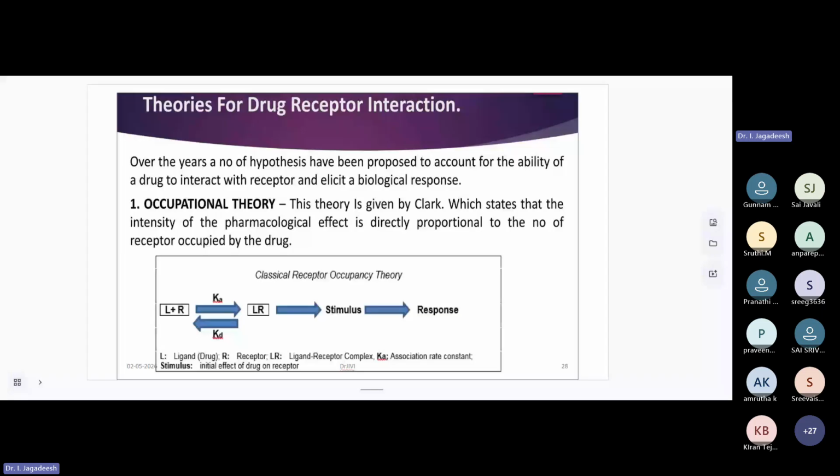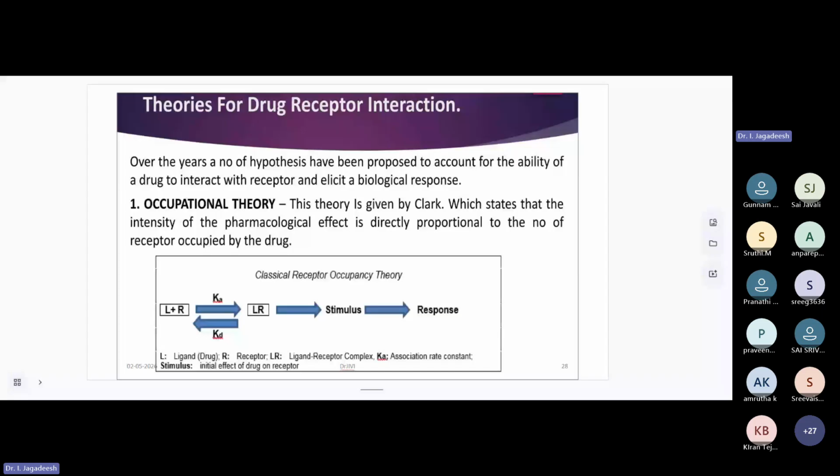It will have a plateau stage, and there will not be any directly proportional relationship, because the receptors got saturated. It means that till the receptors are saturated, the occupation theory says there is a directly proportional effect to the number of receptors occupied by the drug.